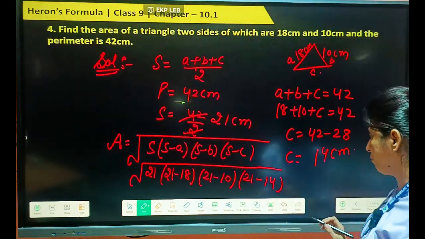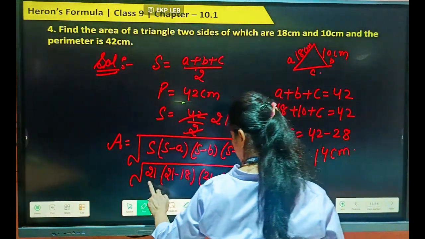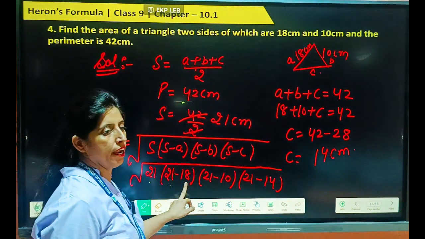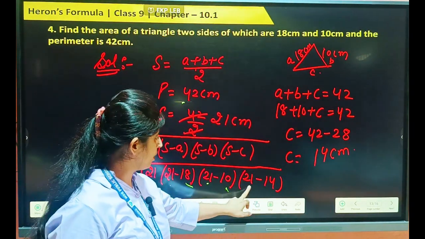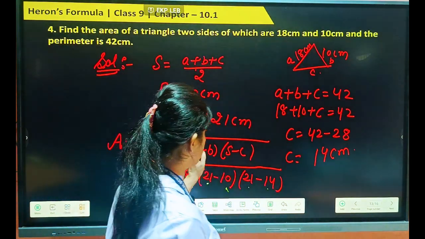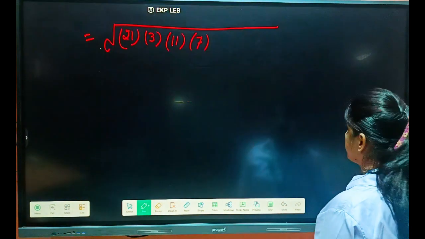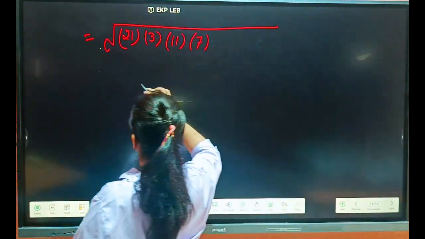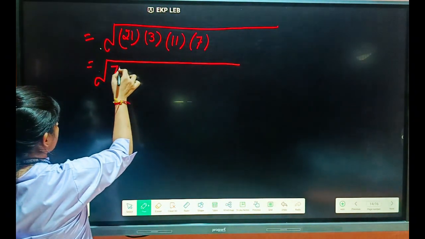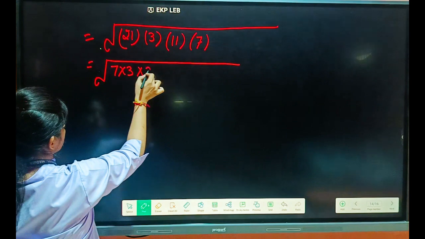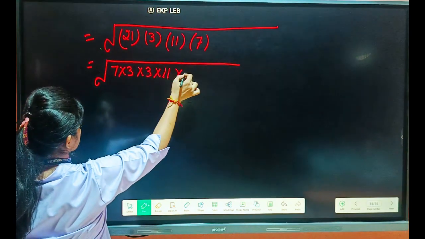Again we will check once. 21, 21 minus 18 is 3, 21 minus 10 is 11 and 21 minus 14 is 7. This I have written only. Now make the factors of this. 21 we can write 7 into 3, into 3 into 11 into 7.